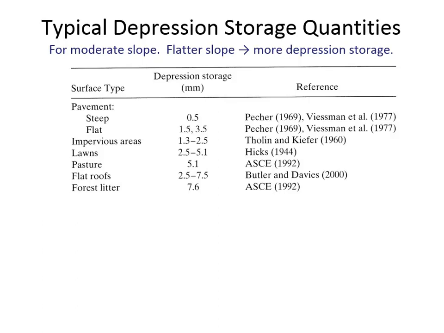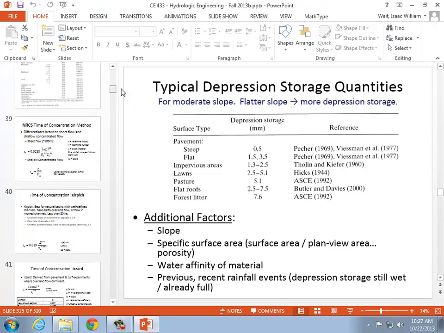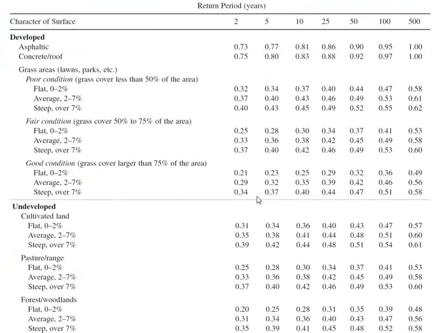We've been talking about surface wetting as one of the things that, for example, changes the C values in the rational method. You'll remember that very early in the semester we had a table of C values for the rational method, that for a concrete surface, the 2-year storm we said was 0.75, the C value. A 5-year storm is 0.8. A 10-year storm is 0.83.